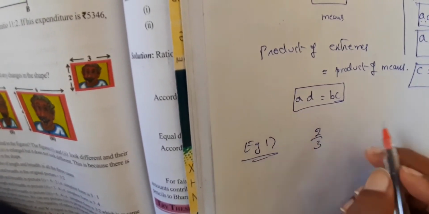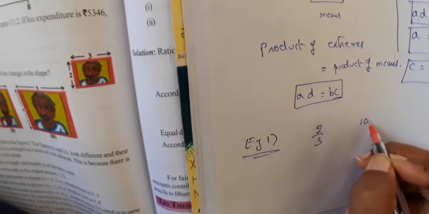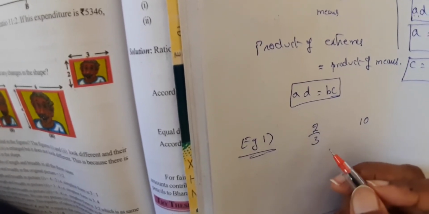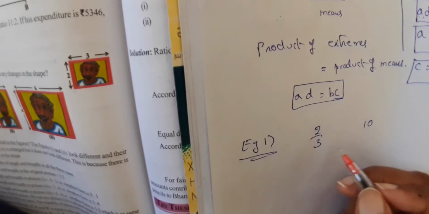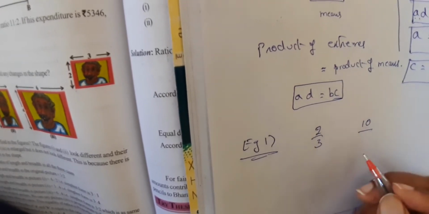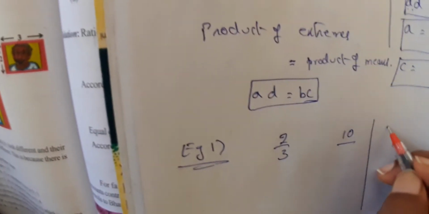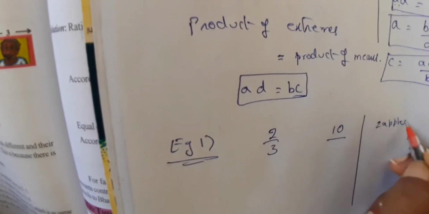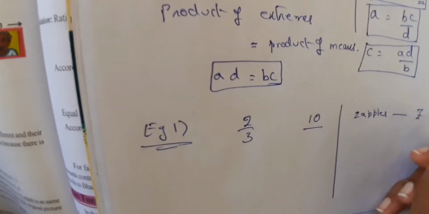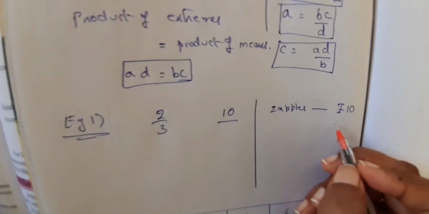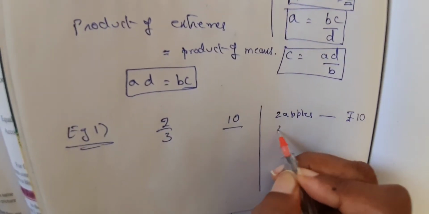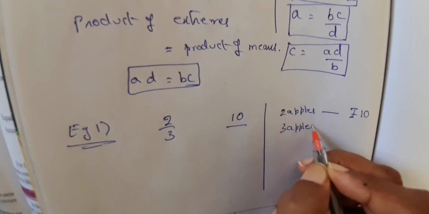So 2 apples cost me 10 rupees. How much do 3 apples cost? We don't know. So let me write the problem here. The cost of 2 apples is rupees 10. Now the problem here is, how much do 3 apples cost?